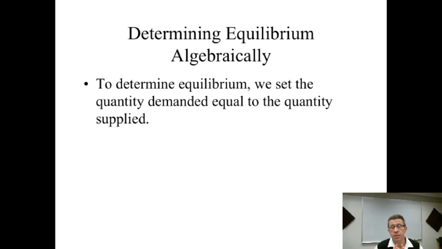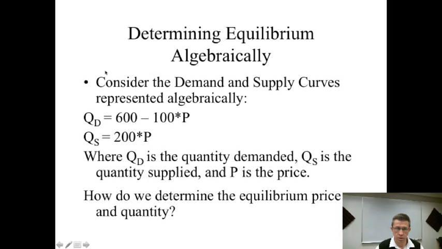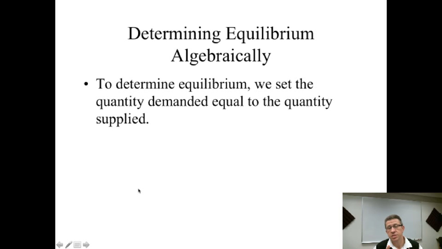Well, remember, in equilibrium, quantity demanded equals quantity supplied. So set the quantity demanded equal to the quantity supplied and then solve. I want you to pause this, solve this on your own, or at least try to. When you've got your answer, unpause it and we'll go through it together.